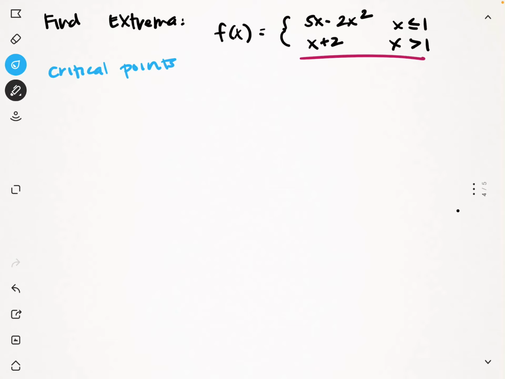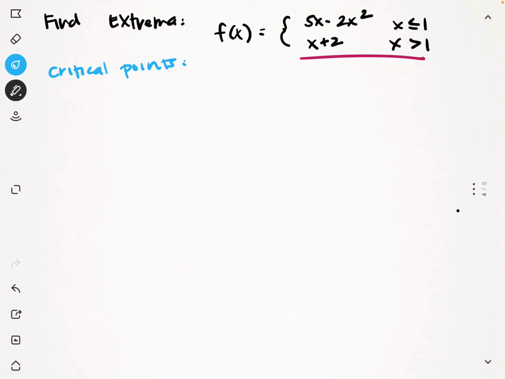This one doesn't have endpoints, right? X less than 1 is going to continue all the way to negative infinity. X greater than 1 is also going to continue on to positive infinity, so we're not going to have an endpoint there.